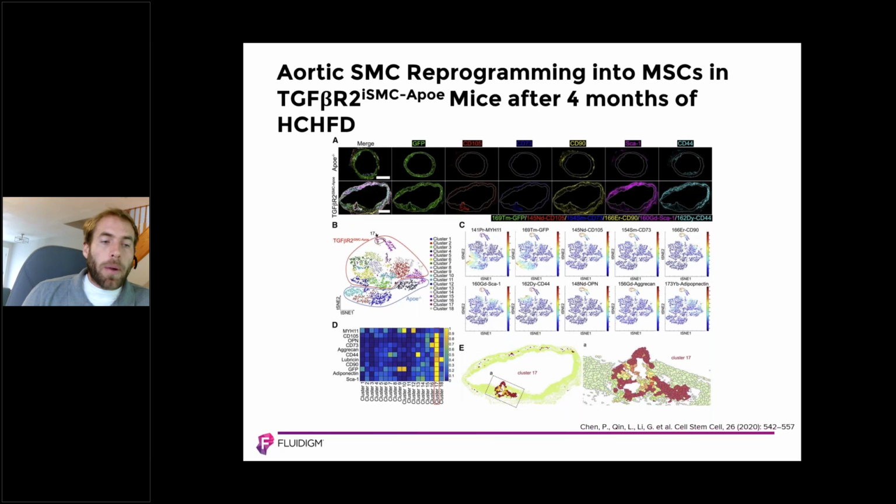You can see the upregulation of many mesenchymal stem cell markers in the knockout mice, including CD105, CD73, CD90, and CD44. These cells that are expressing these markers are clustering quite nicely around these nodules when they do their cell segmentation and single cell analysis of their images.